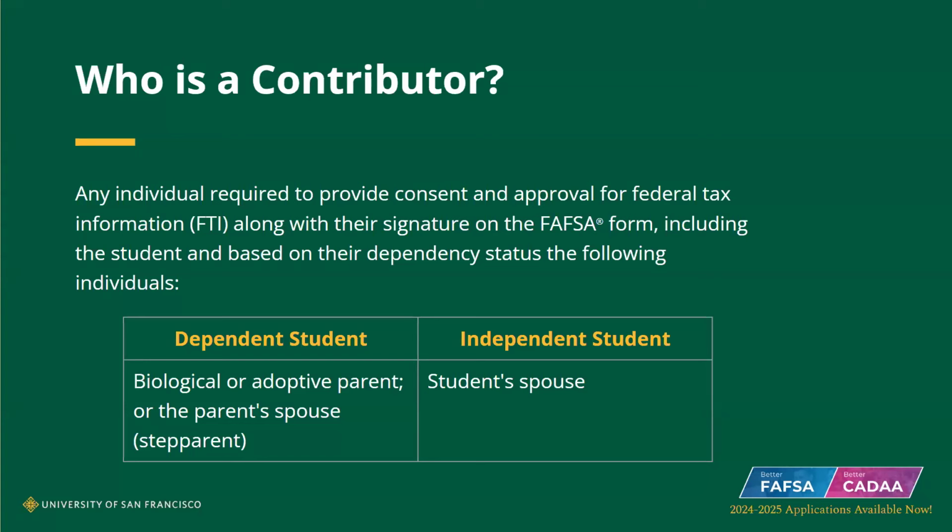For an independent student, it could be the student's spouse as well. And so if their tax information or signature on the FAFSA is required, they are a contributor. They will need an FSA ID. They will also need to sign the FAFSA form.